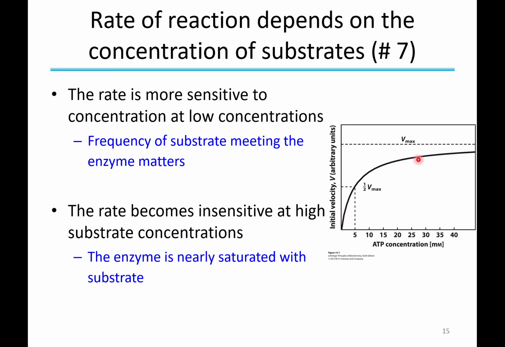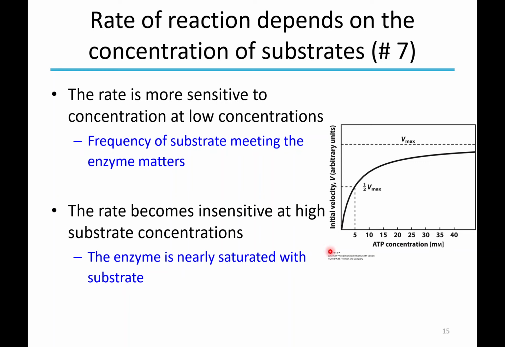When the concentrations are higher, the rate doesn't change as much. So here, going from like 1 to 5, you can see that the rate jumps up a bunch, a really big jump. But if we're going from even 30 to 40, so jumping up 10 millimolar in concentration, that rate doesn't change a whole lot.